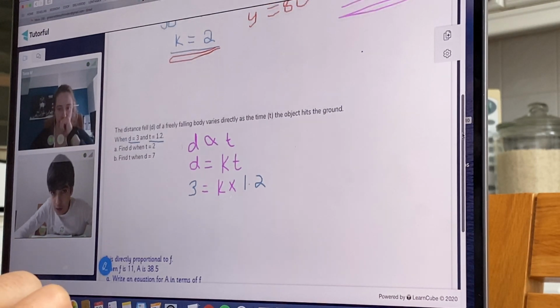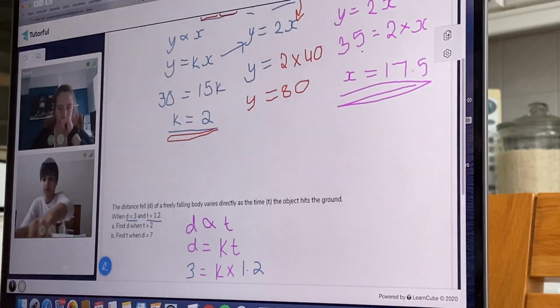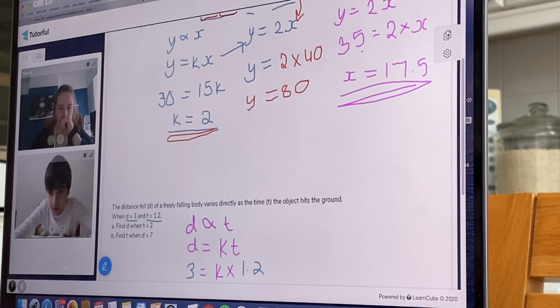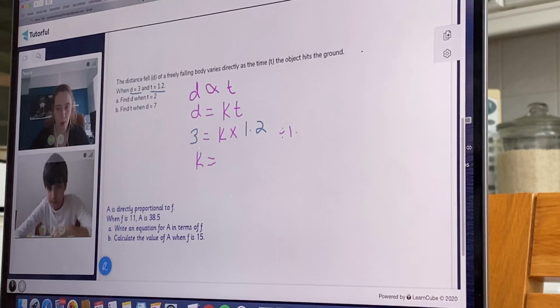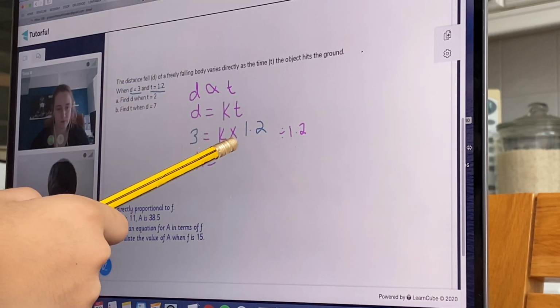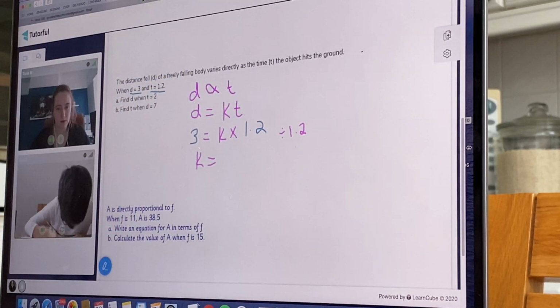You need to divide by 1.2. Divide both sides.